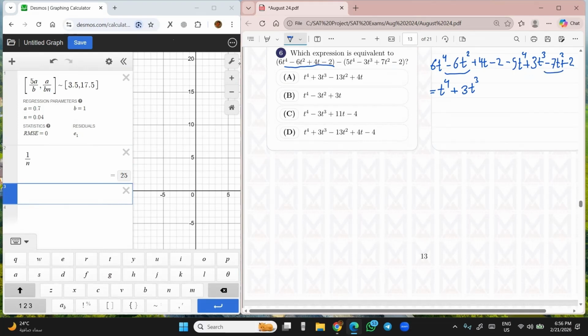So negative 6 minus 7 is negative 13, negative 13t squared. Then we combine the t, and we have only this one available. So we write plus 4t, and then we go to the constants. We don't have t in this one and this one, because this is negative 2 and this is positive 2. They cancel each other, and that's the resulting answer. So we can see it here at letter A.